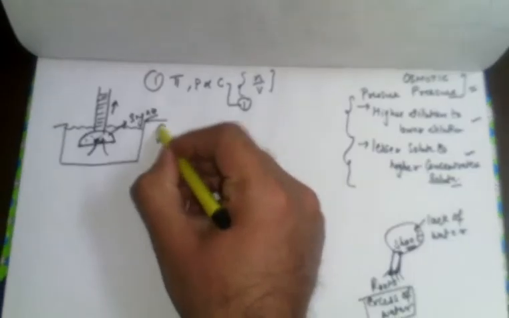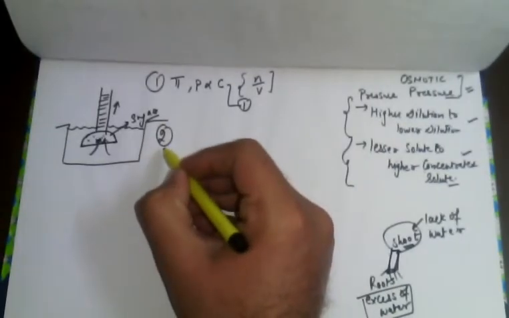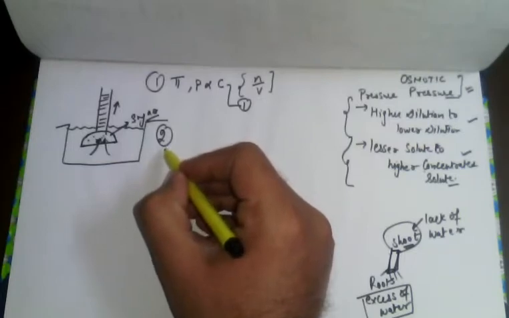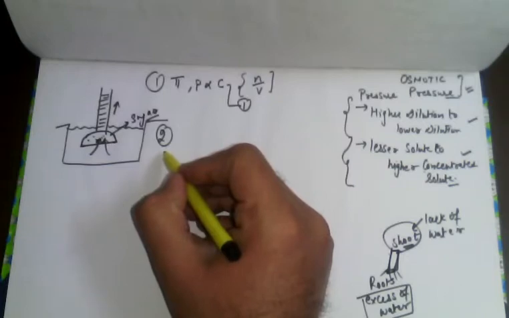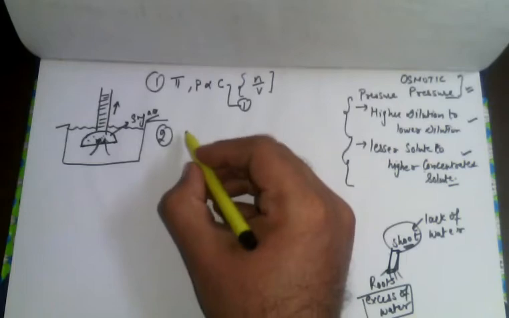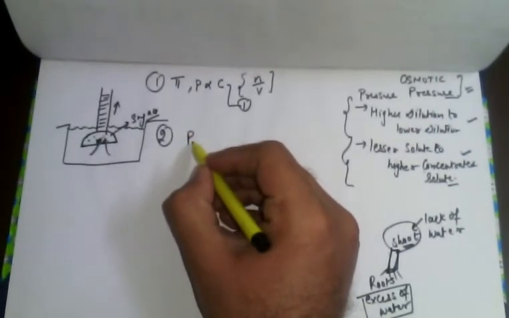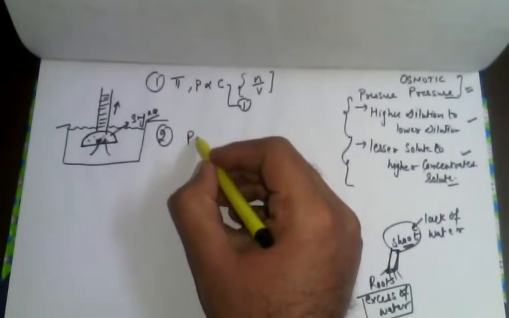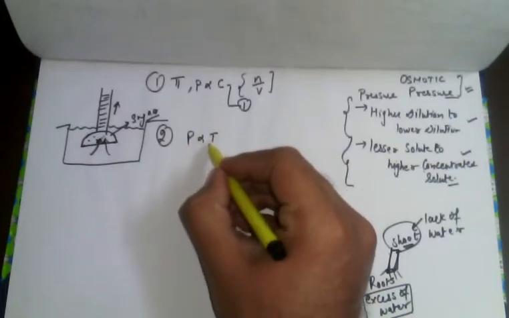The second one is from another scientist, Gay-Lussac, and Van Hoff. Both scientists understood another concept relating to osmotic pressure: that the osmotic pressure changes with the change in temperature.